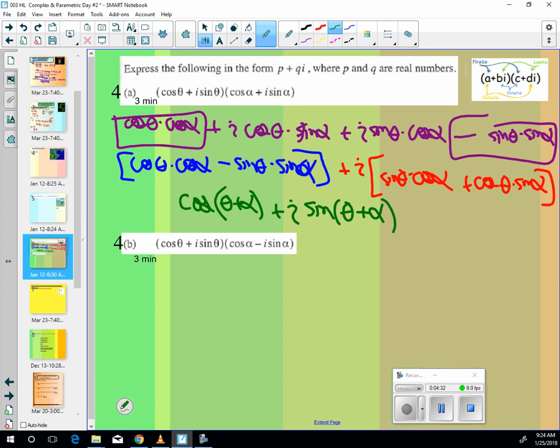What? You mean if you are multiplying two complex numbers with theta and alpha, it's the same as adding? So multiplication becomes addition. What does that sound like? Sounds like, what's that?